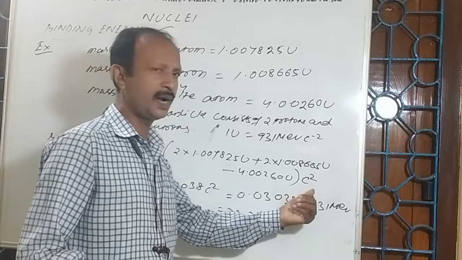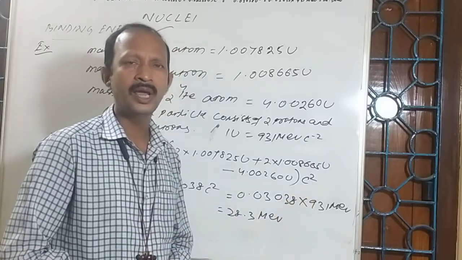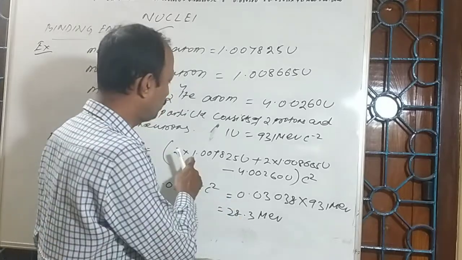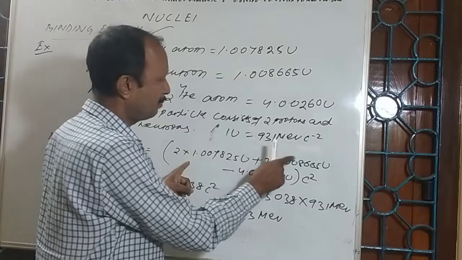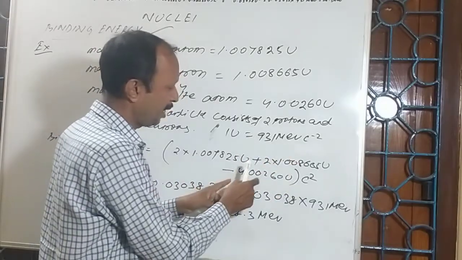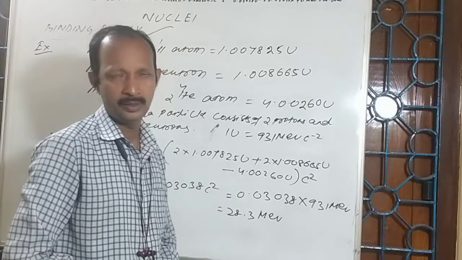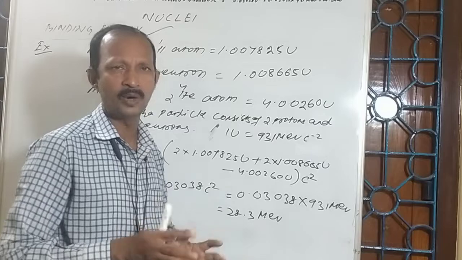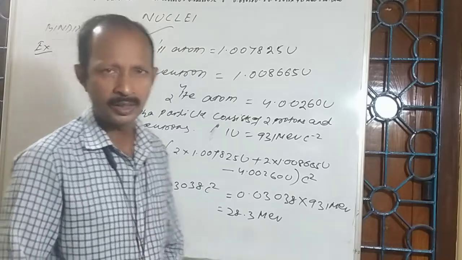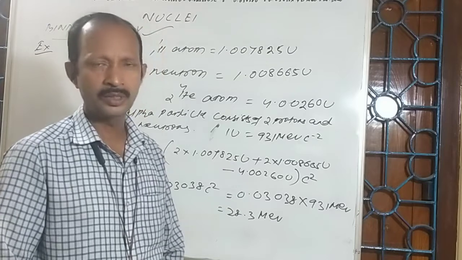Together I multiplied with C square, that is the formula for energy, E equal to mc square. Actually this difference between the sum of the masses of the nucleons and the mass of the nucleus is the mass defect we have studied. Okay, that mass defect, the loss in mass, is only converted into energy, which is called the binding energy. I hope that you might have understood this topic.